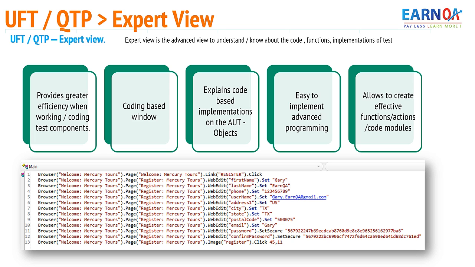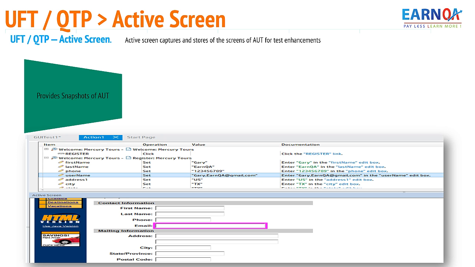Let's go and talk something about called active screen. What is active screen? Active screen is an area where QTP captures and stores application screens while we record the script. I repeat, active screen is an area where QTP or UFT captures and stores application screens or screenshots while we record the test.